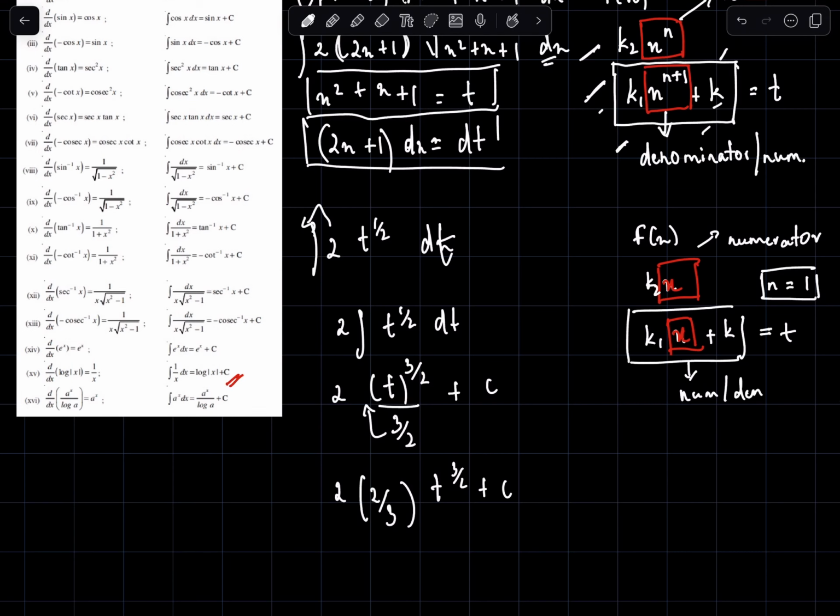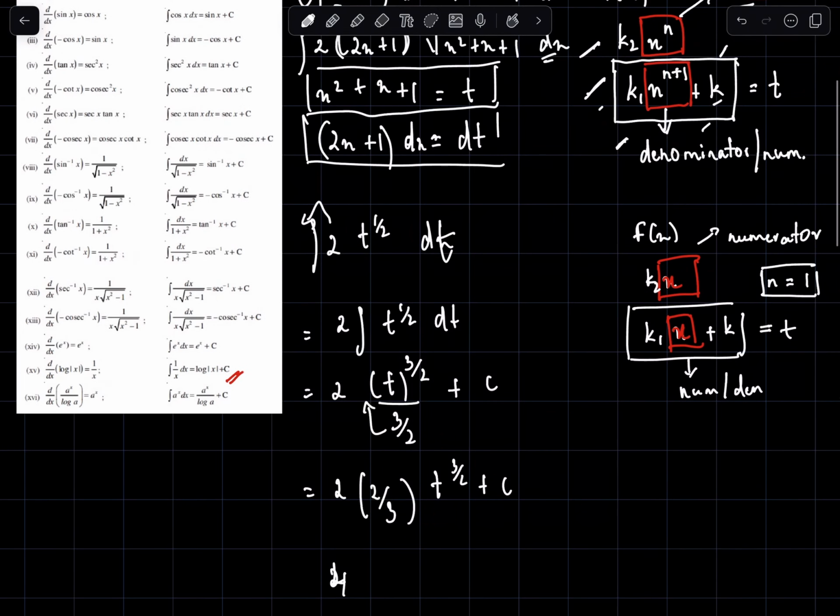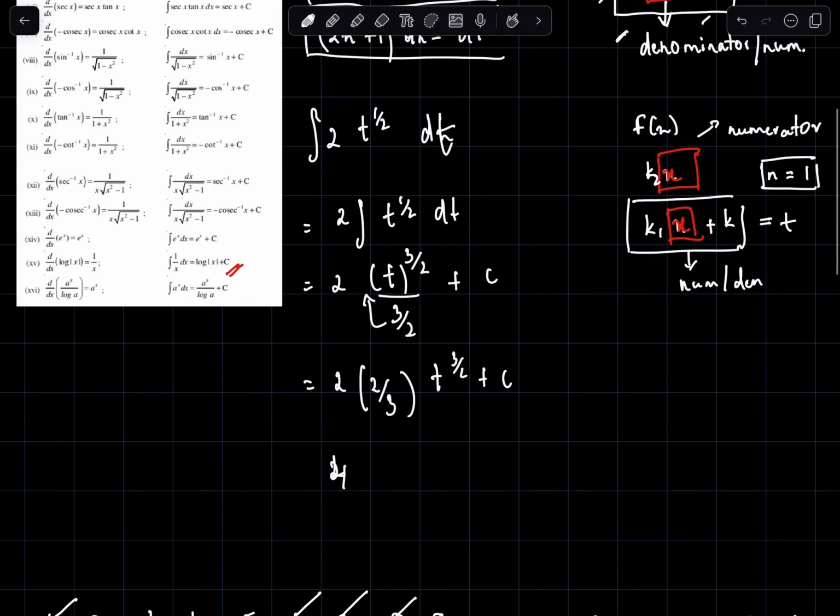Now substitute whatever t is. What is t? So 2 times 2, this is 4. Give me a second. Don't want to cause any confusion. So the integral is equal to 4 by 3.